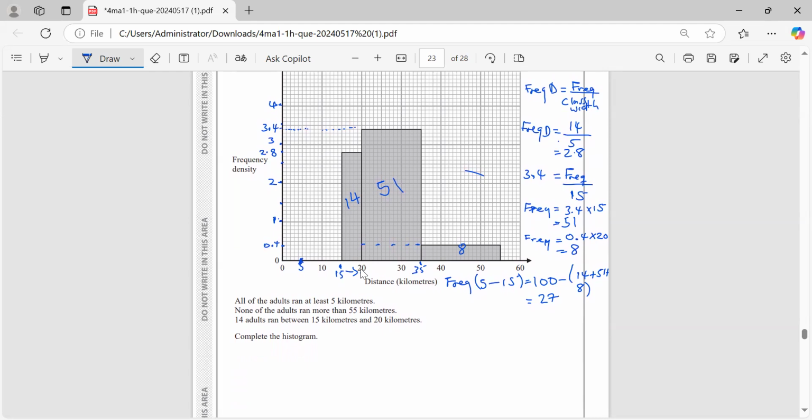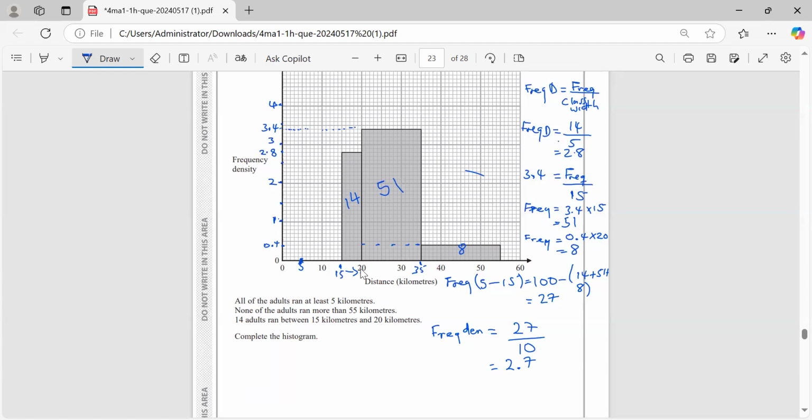The frequency you now know is 27, and the class width is 10, because 5 to 15 gives a class width of 10. So it's going to be 2.7. That is the frequency density, which is the height of the graph. So you're just going to go to 2.7.